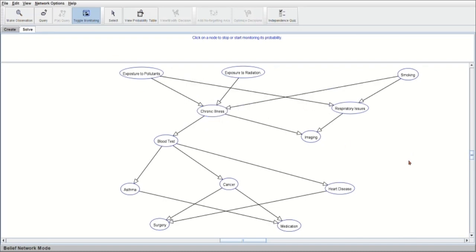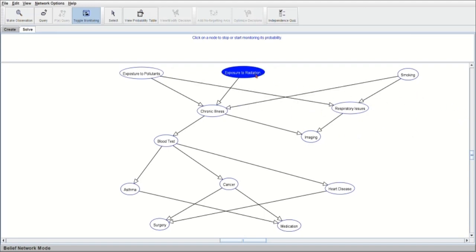Now, let us see the interdependencies. As we see, chronic illness can occur due to exposure to pollutants, exposure to radiation, or due to smoking. Now, respiratory issues: they can be caused due to smoking or due to exposure to pollutants, but they are not dependent on the exposure to radiation.